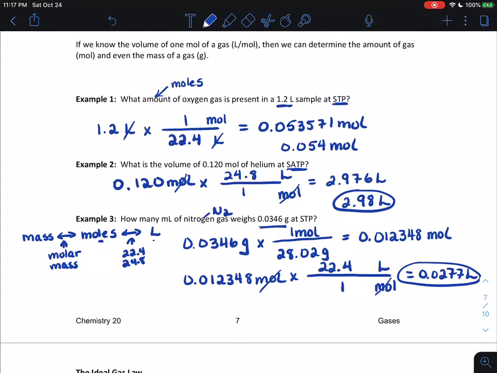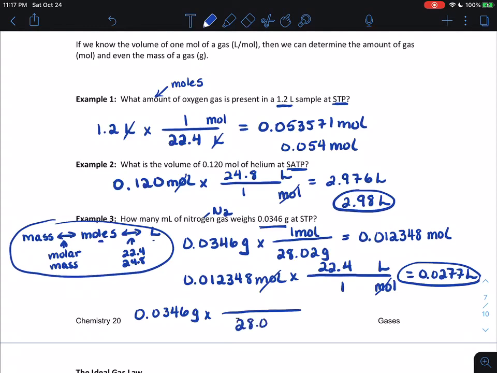Now, you can also do this in one step together. If what I'm showing you next doesn't make sense, then use the previous method to help you out. But some of you might be able to just see the units, so I'm going to show you how to do this all in one step. You write down the number that the question gives you, 0.0346 grams. Again, I'm going to use the molar mass.